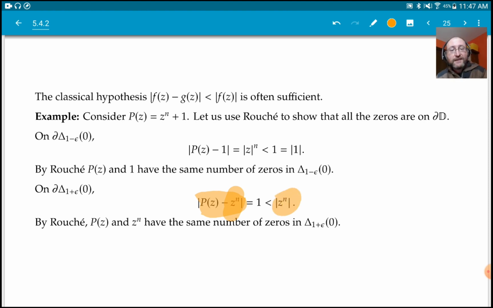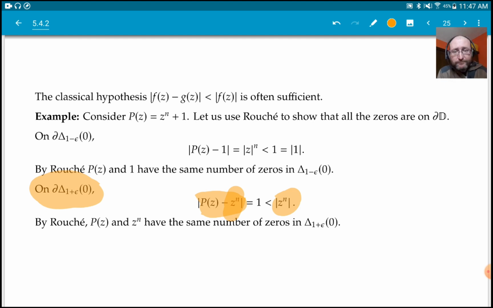And that's strictly less than the modulus of z to the n, because we are on this circle of radius slightly bigger than 1, right? 1 plus epsilon, right? So the modulus of z to the n is 1 plus epsilon to the n, right? So still slightly bigger than 1, or strictly bigger than 1. That's the point, right? We get a strict inequality.